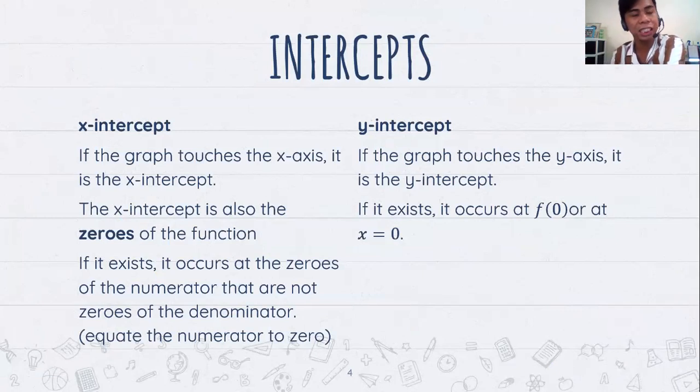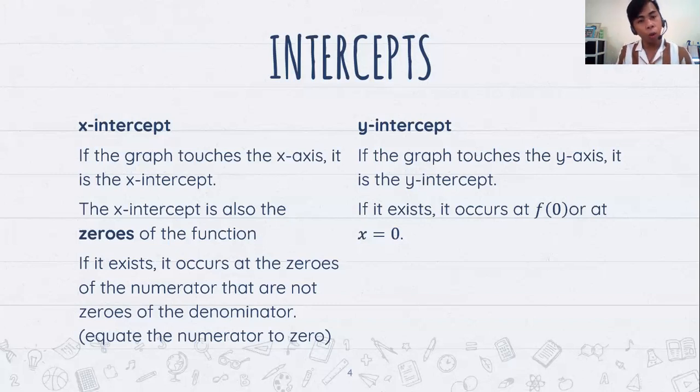We have the x-intercept. It is, of course, the point in the graph that it touches or crosses the x-axis. So yun yung tawag nating x-intercept. And the x-intercept is also called the zeros of the function.